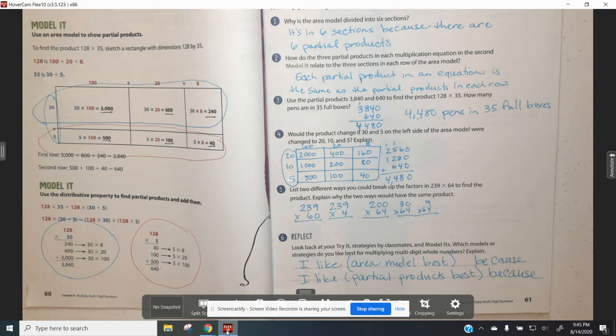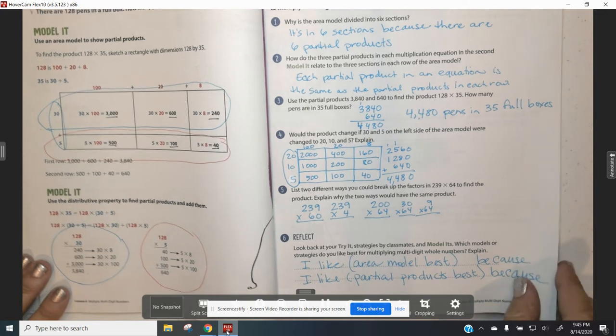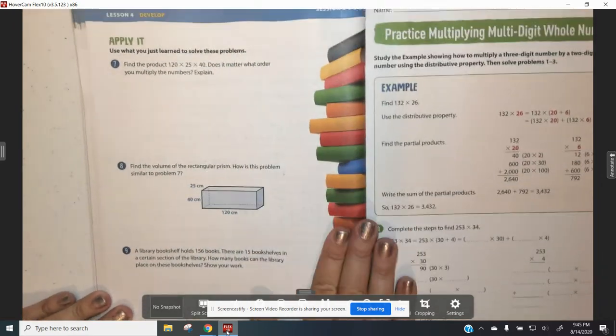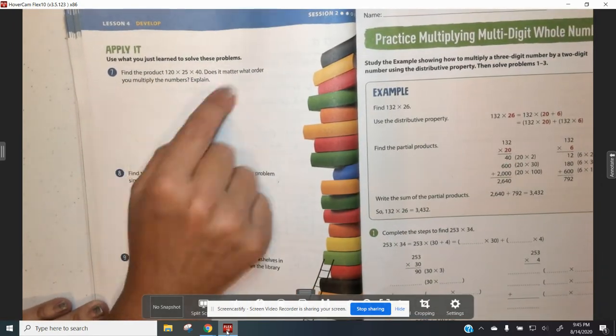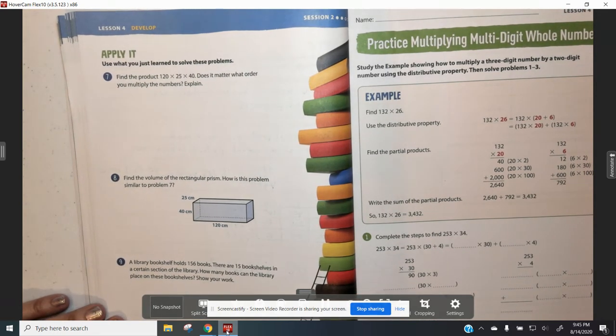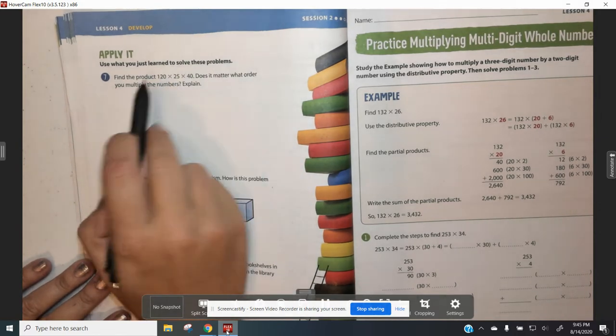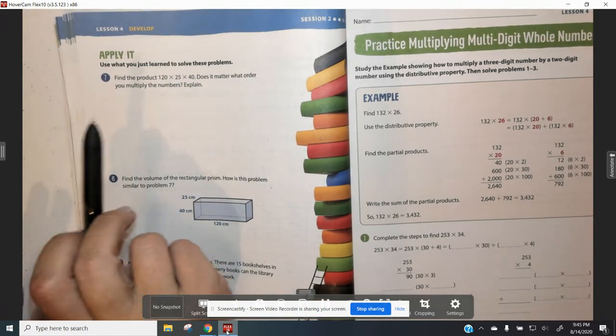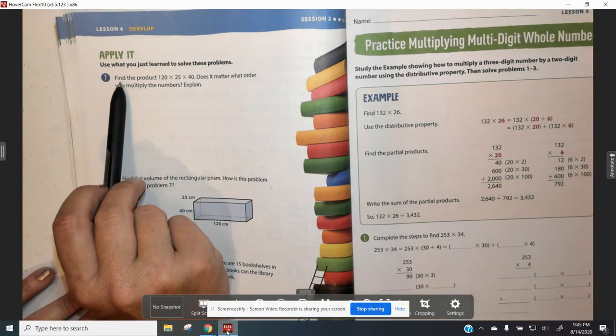All right, we're going to move on to the next page, to page 62. On page 62, I'm going to show you how to solve this problem using partial products a slightly different way than we have been doing it. This problem actually has 2 problems that we need to do, so let's go through and talk about that.